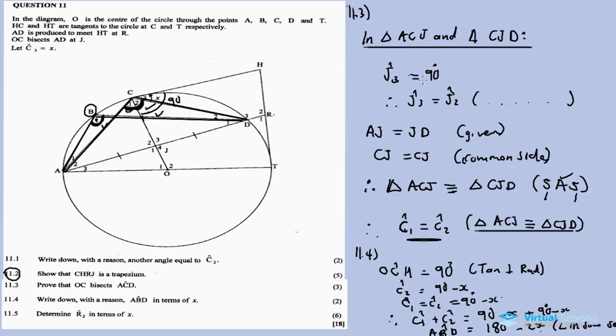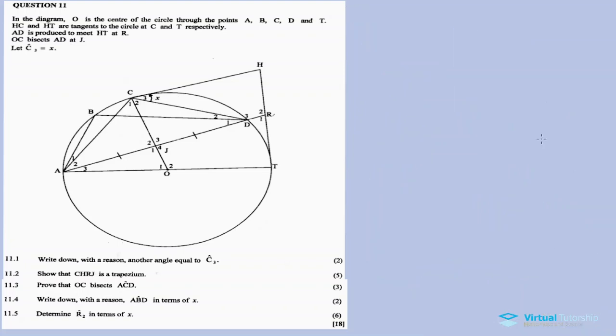Now let's answer the last question of this question 11. Determine R2 in terms of x. Let me erase here first so that we can answer this one, because I'm running out of space. Okay, now 11.5: determine R2 in terms of x. We want R2, right?